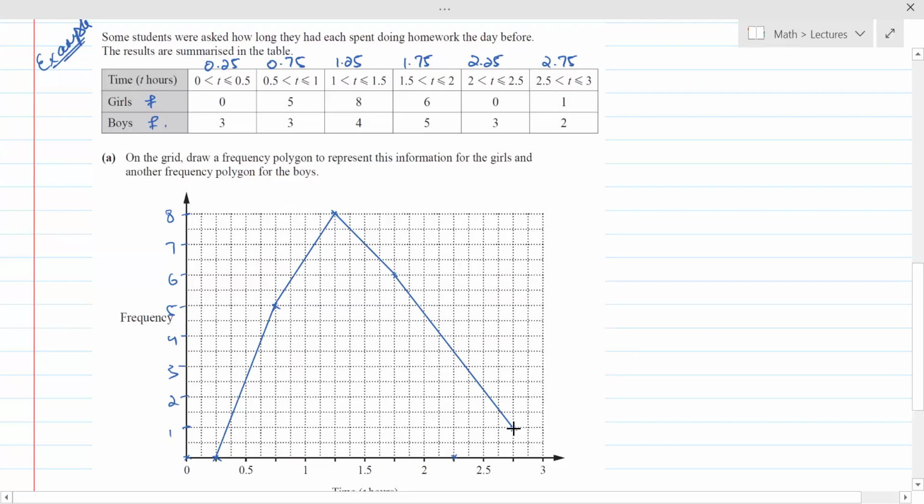So for the last point, we'll join to the upper limit of the last class. And for the very first point, we'll join it to the lower limit of the first class. So lower limit of the first class, it's already there at 0 only. So this represents the polygon for the girls.